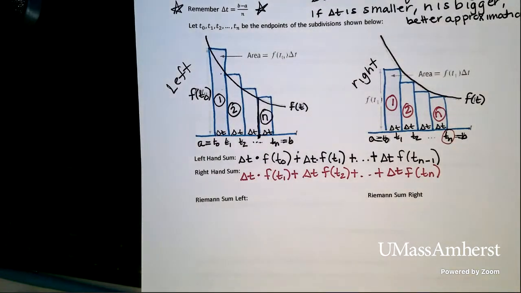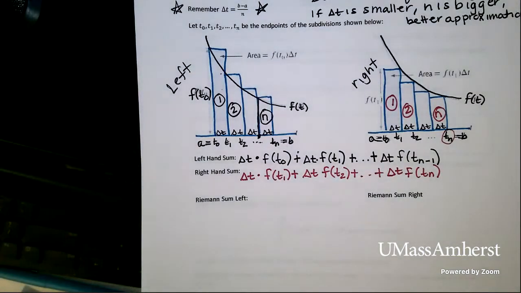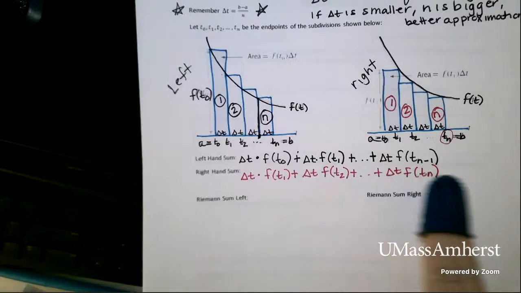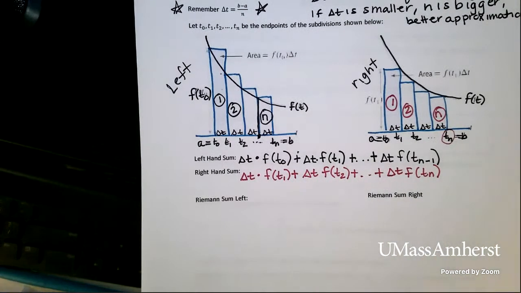However, I want you to imagine that we wanted to write out a sum with 100 rectangles, okay? It would take a long time to write out all of the terms for 100 rectangles because we'd have to write out a term for each and every one. So in math, we have a symbol that represents what's called summation notation.